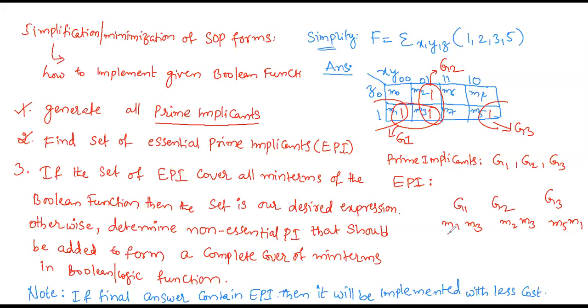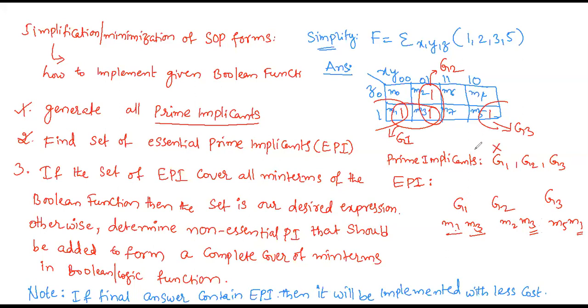In G1 we have two minterms, M1, M3. Look at M1. Is it present in other groups? In G3 it is present. Look at M3. M3 is also present in G2. So G1 is not an essential prime implicant.